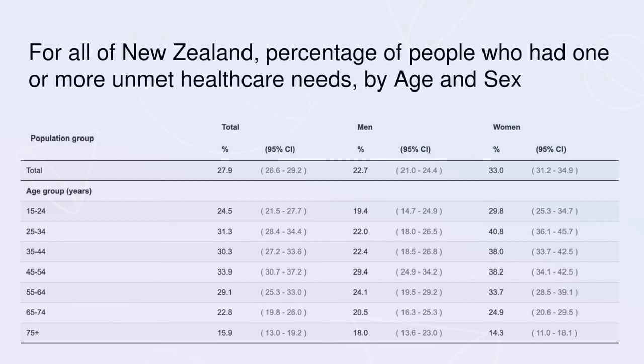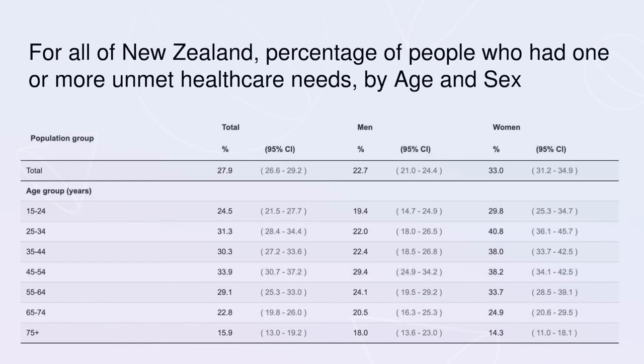And here again you can see that the population that has got the least unmet healthcare needs is the 75 years and plus age group, because of a number of reasons. So you can see that the elderly aged care has got much lower unmet healthcare needs than the other age groups.